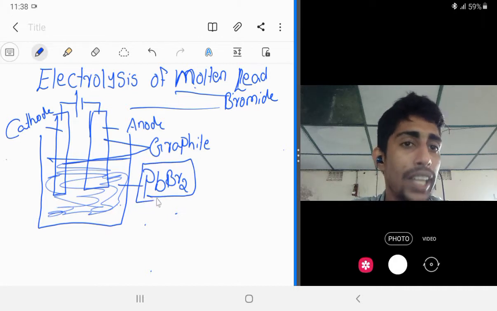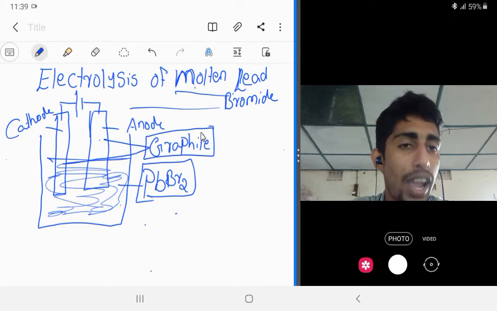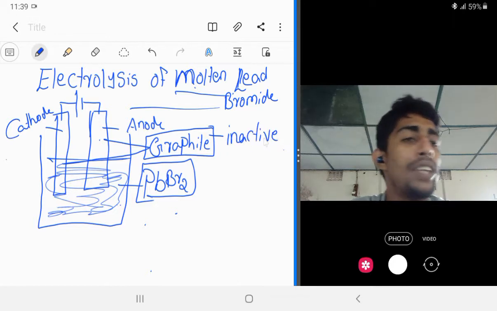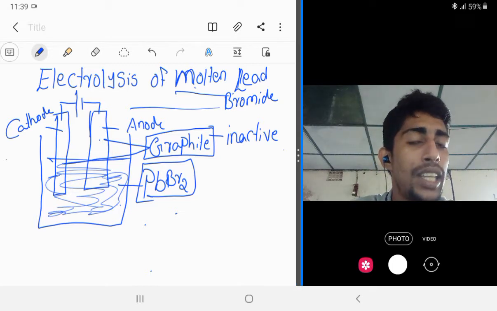electrolyte. In this process we will take two electrodes, and those two electrodes are made of graphite. We know that graphite is an inactive electrode. Last class we discussed graphite is an inactive electrode.